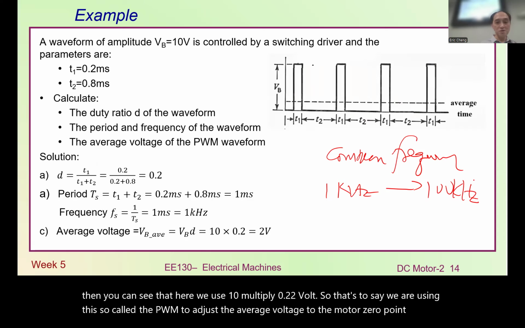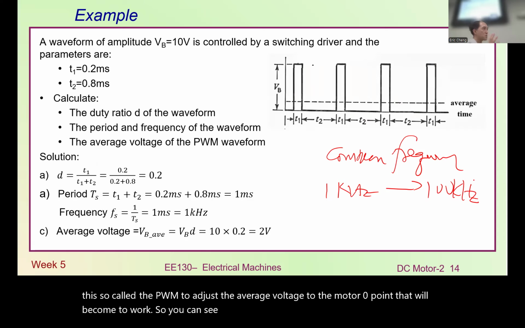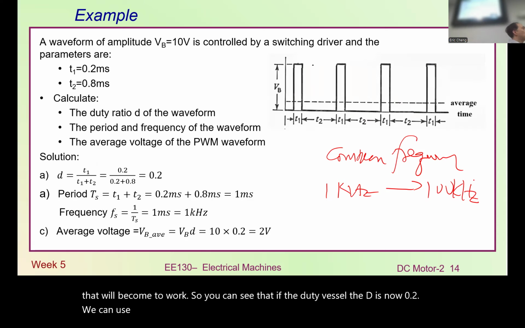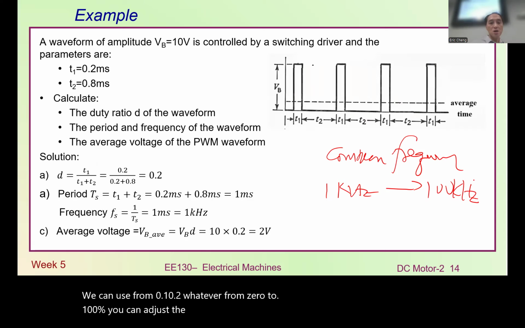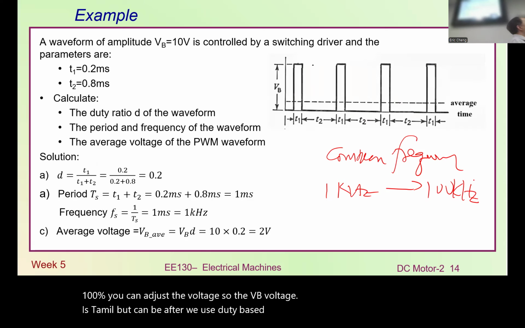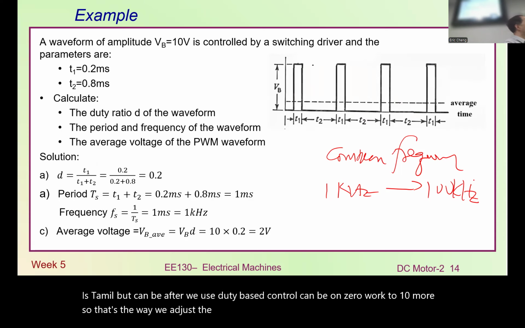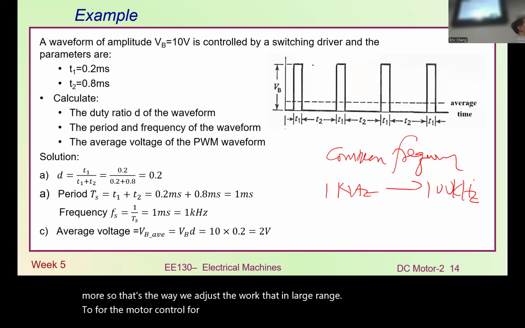If the duty ratio D is now 0.2, we can use 0.1, 0.2, whatever, from 0 to 100%, we can adjust the voltage. So the VB voltage is 10 volt, but after we use duty ratio control, it can be from 0 volt to 10 volt. That's the way we adjust the voltage over a large range for motor control, for motoring, regen, maybe for other voltage.